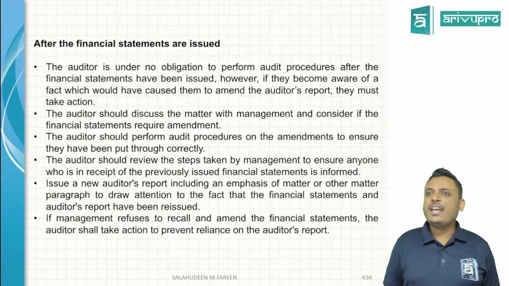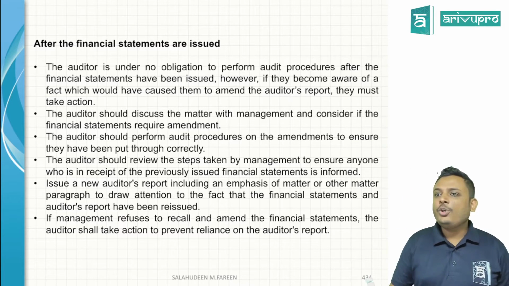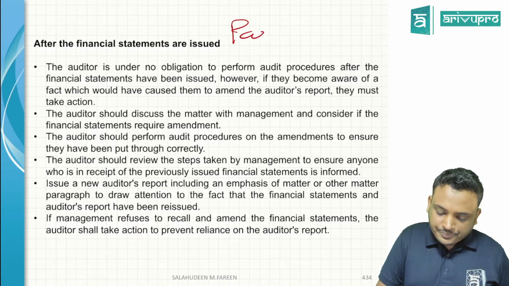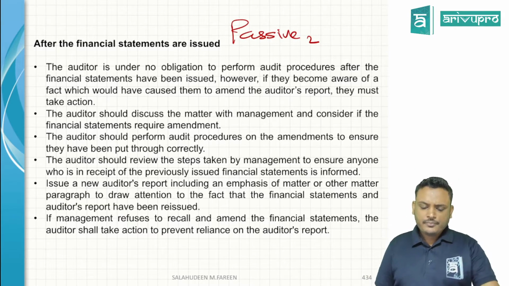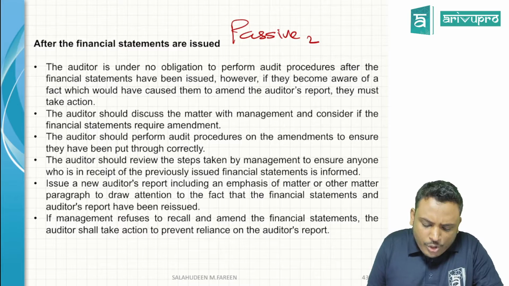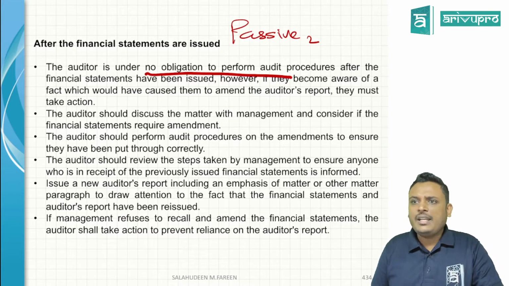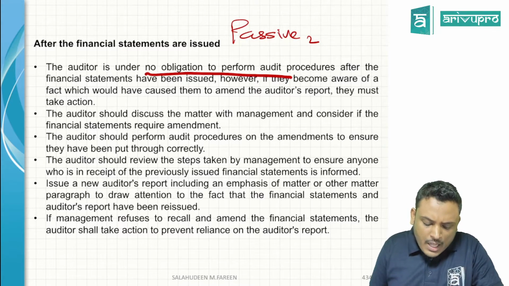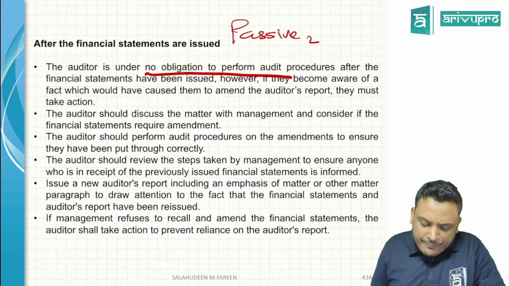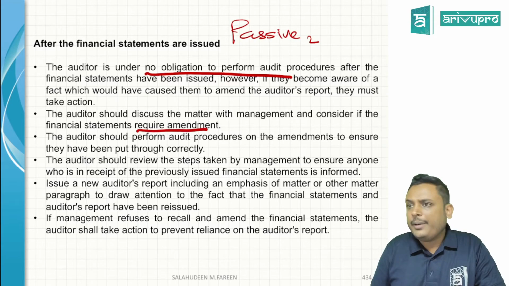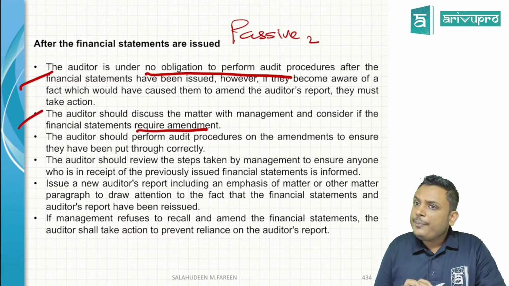After financial statements are issued, passive duty 2. See here. The auditor is under no obligation to perform audit procedures. That is correct, right? The auditor should discuss the matter with management and consider if the financial statements require amendment. Understood?